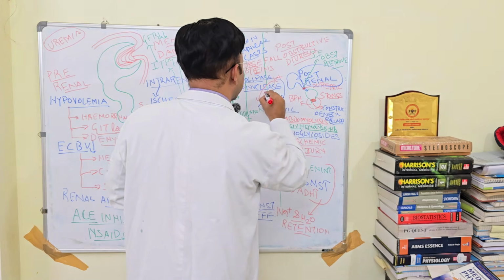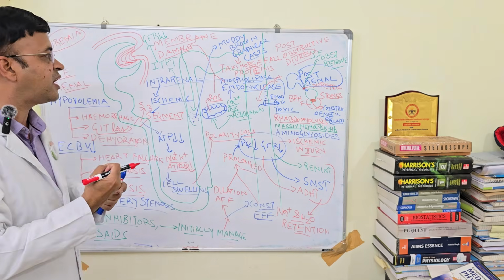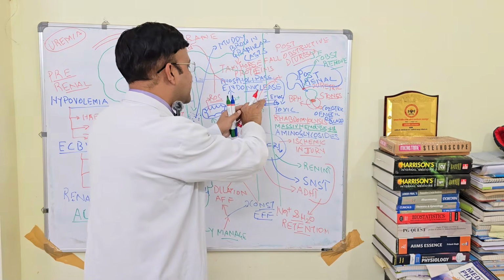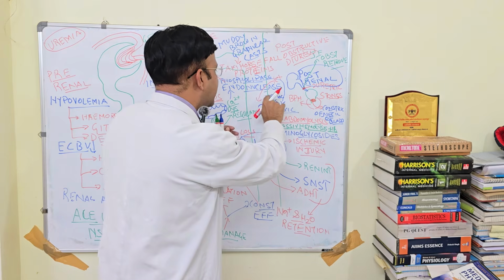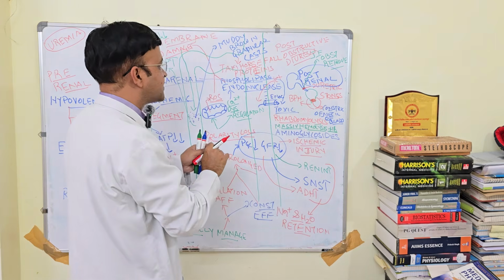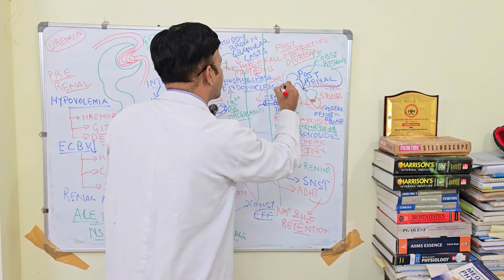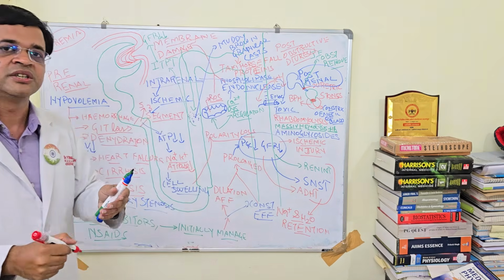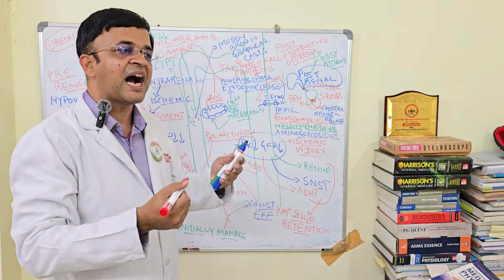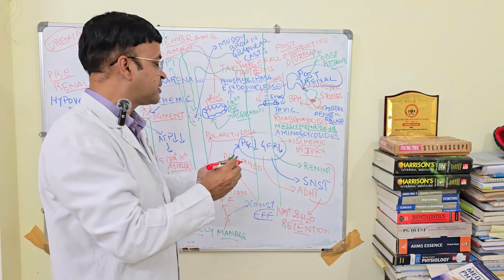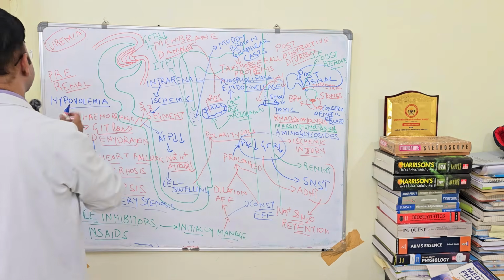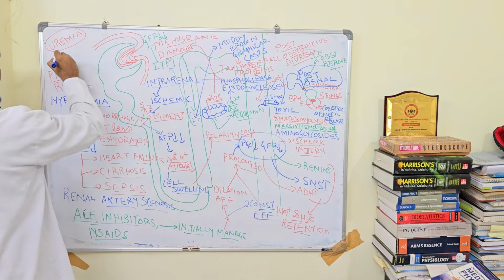This negative charge was actually pulling the potassium out, but since less sodium has gone out, this negative charge will reduce, so less potassium will come out. If less potassium comes out, you will of course get hyperkalemia, and this is the most serious complication.